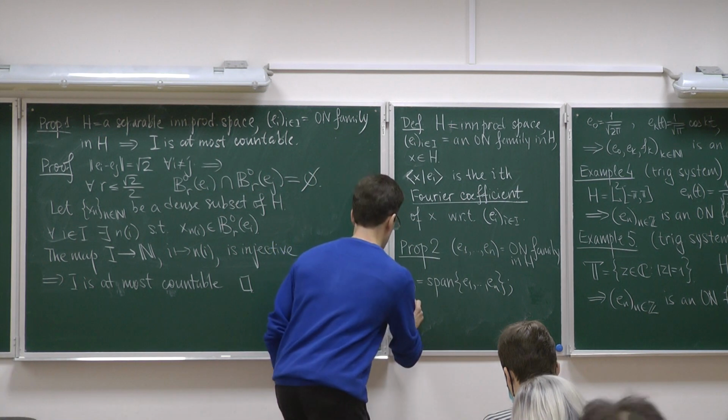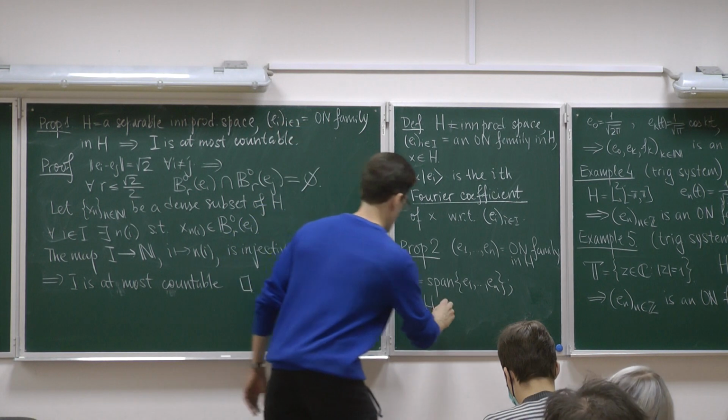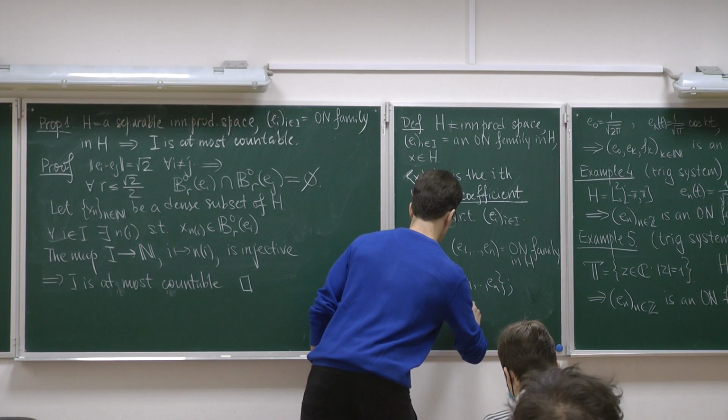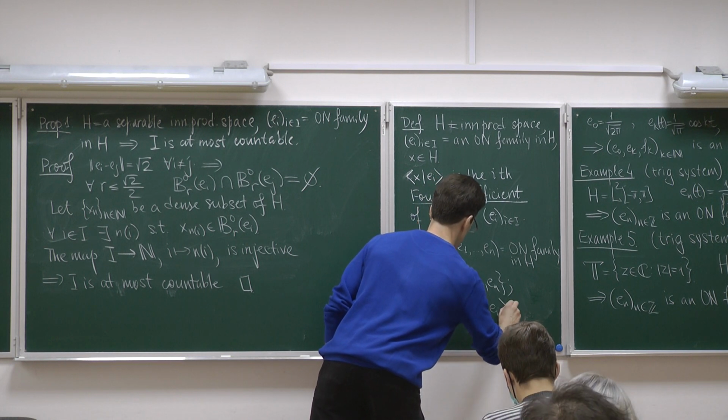Let x be a vector in H, and let c_i denote the ith Fourier coefficient of x with respect to this family.